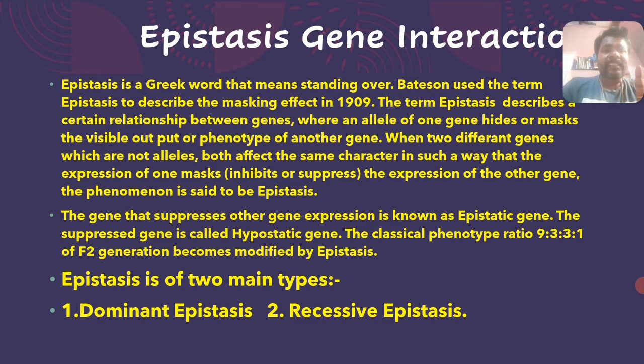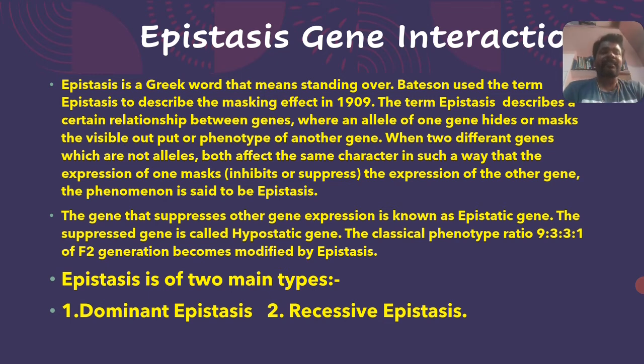When two different genes which are not alleles both affect the same character in such a way that the expression of one masks the expression of the other gene, the phenomenon is said to be epistasis. That means one gene's expression suppresses, masks or inhibits another gene.